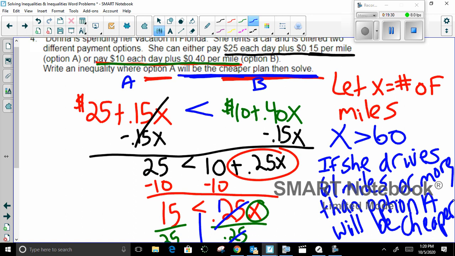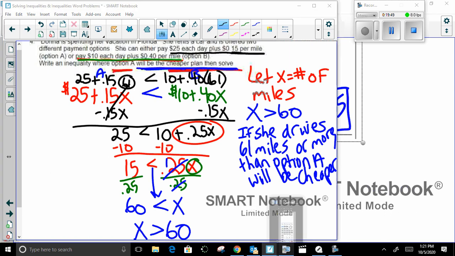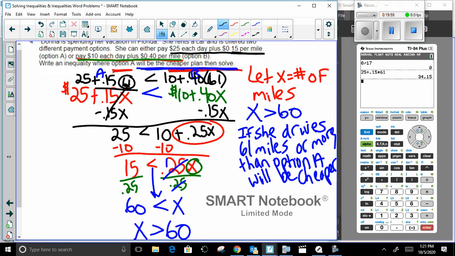And I could figure that out by plugging in the 61 in here for x. So if I did 25 plus 0.15 times 61, would that be less than 10 plus 0.40 times 61? Well, let's use my calculator. 25 plus 0.15 times 61, I get 34.15.